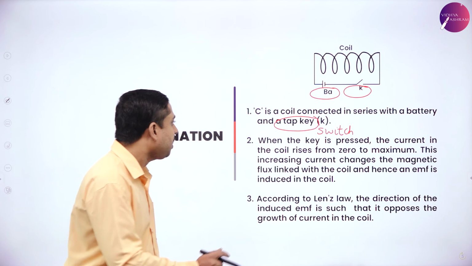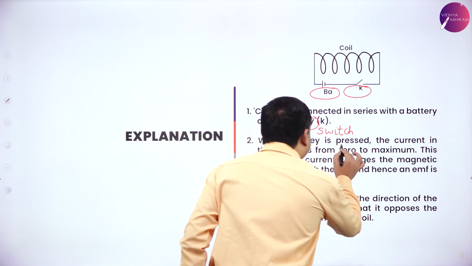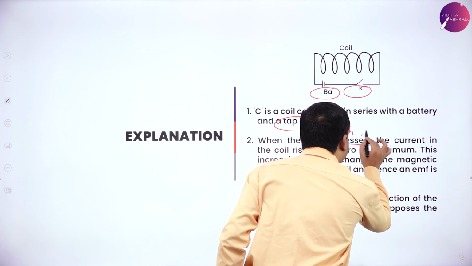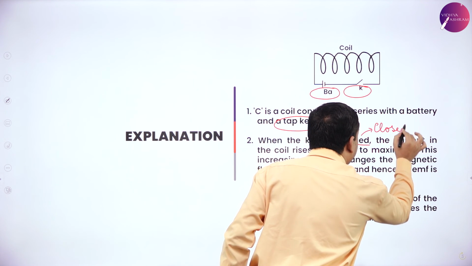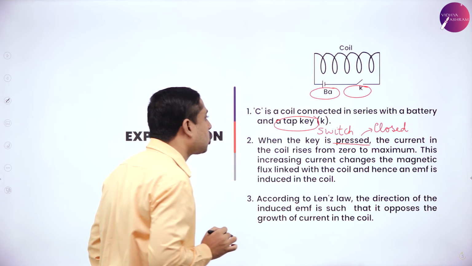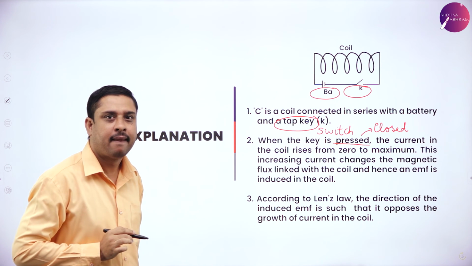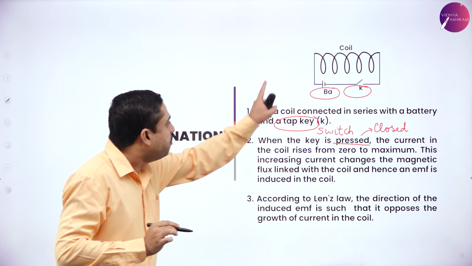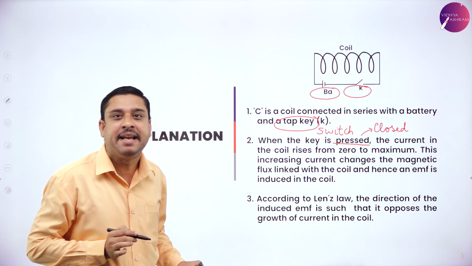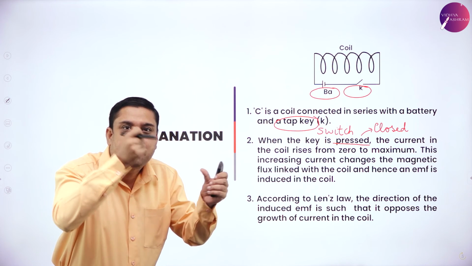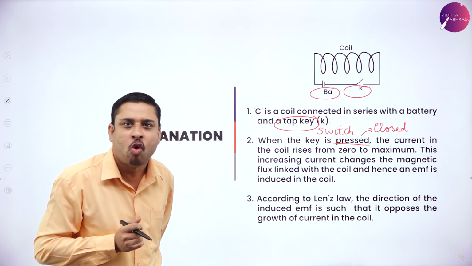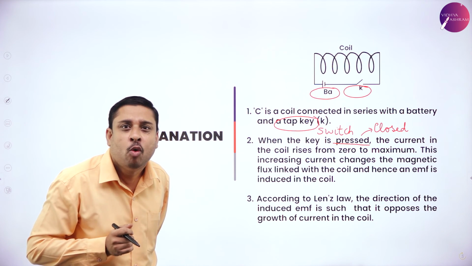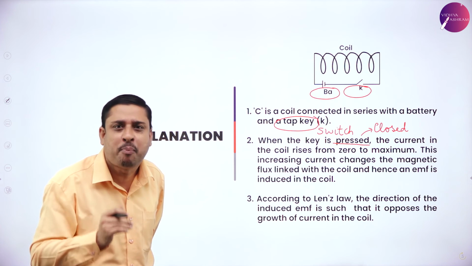Now, when the key is pressed, or I can also say when it is closed. Now, before I switch on the key, before I press the tap key, there is no current in the circuit. Why? The circuit is open.